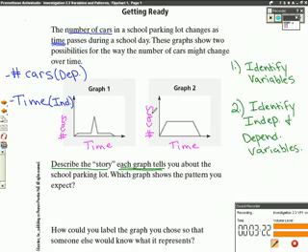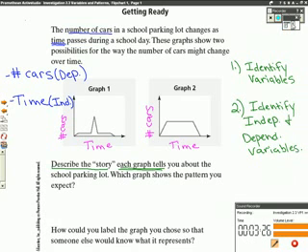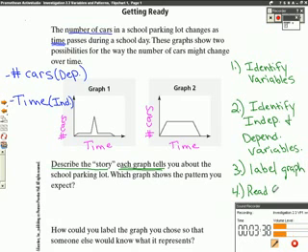If you remember, we always read a graph, and I will make another note. So step 3, label graph, and then step 4, read graph left to right.